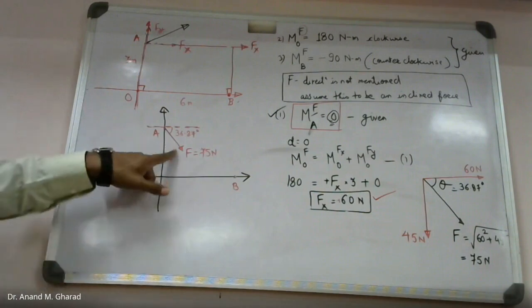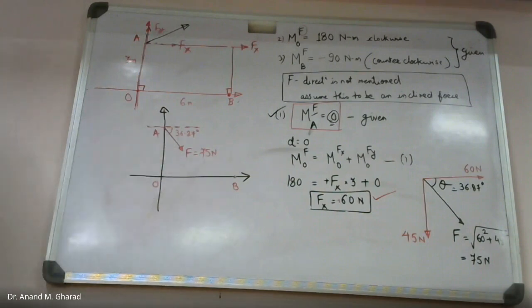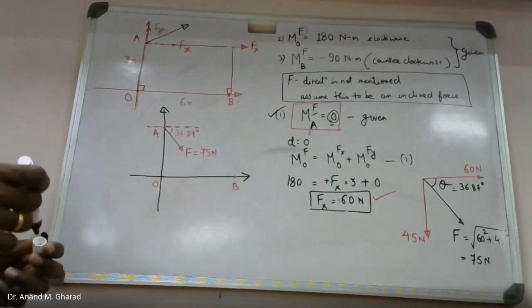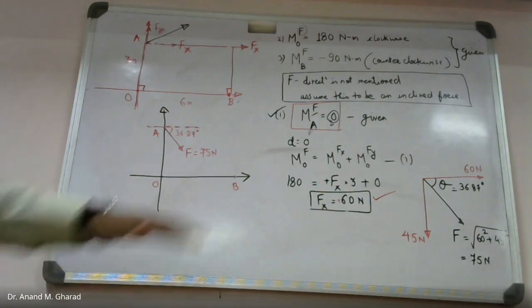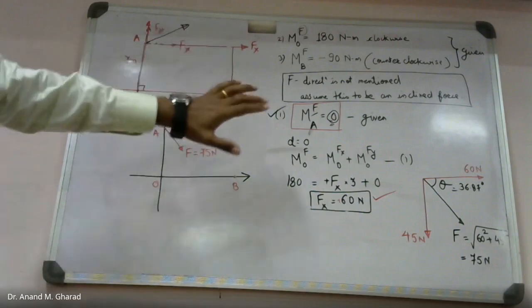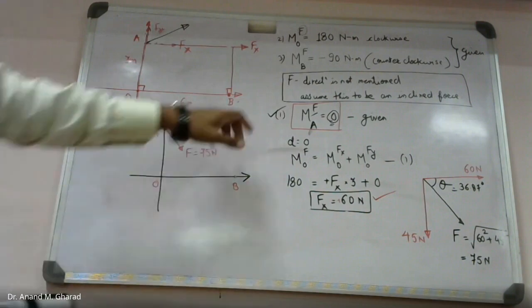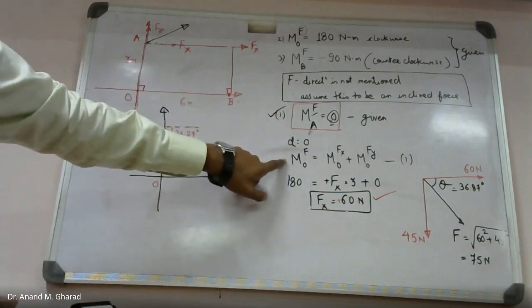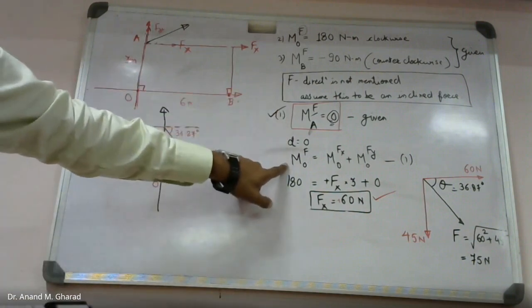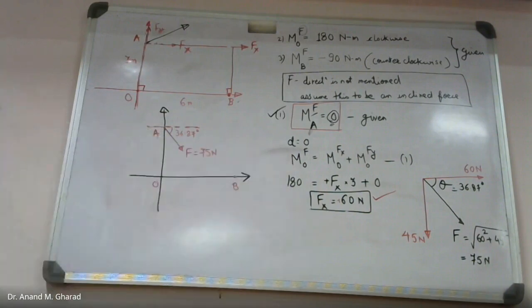Okay. So such kind of numericals you will come across. In order to find the solution related to such unknown forces, you are supposed to follow these simple steps. While following this, the equation will be very much helpful. And you are supposed to make use of this equation, basically Varignon's principle equation.